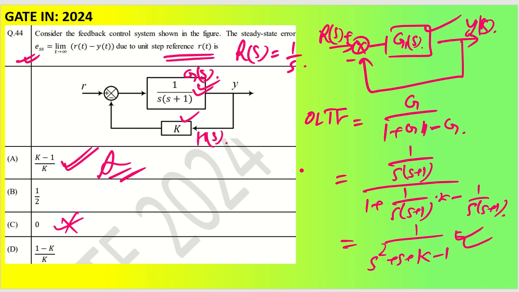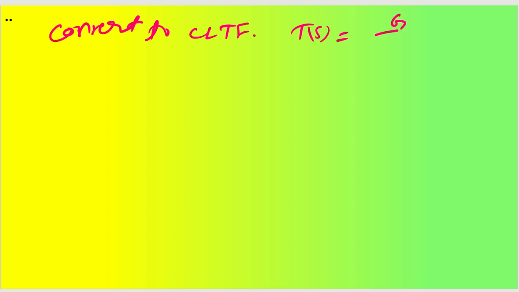What you have to do in this kind of question is, first find out your closed loop transfer function T of s, which will be G by 1 plus GH. Then you find the open loop transfer function.